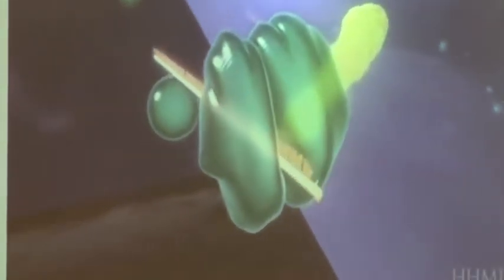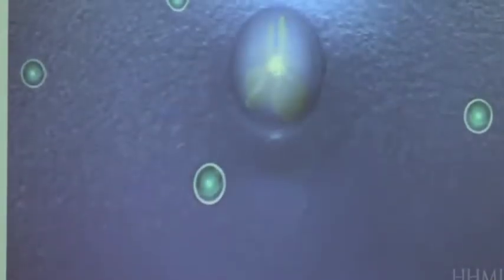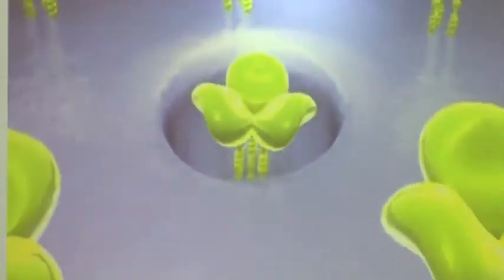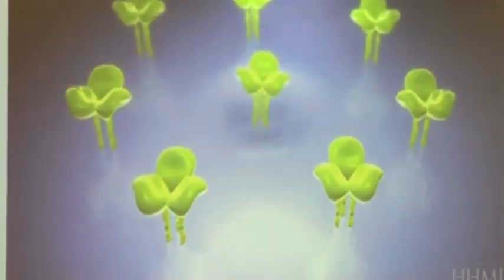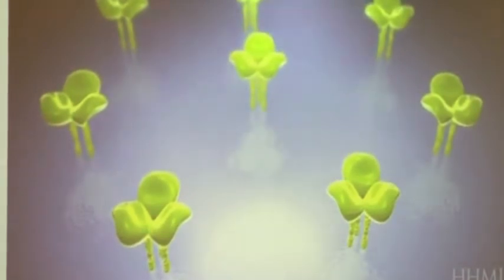It's making envelope protein, which is directly produced into the endoplasmic reticulum, and it's shuttled then through the endoplasmic reticulum and taken to the cell surface, where it becomes embedded in the cellular membrane. And at this point, coalescing with other envelope proteins that have been produced, you have this cluster of envelope proteins now on the surface of this infected cell.